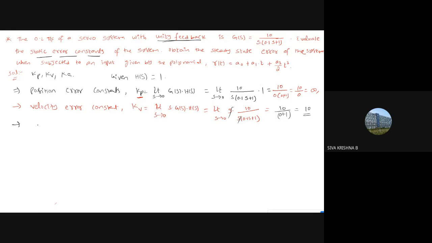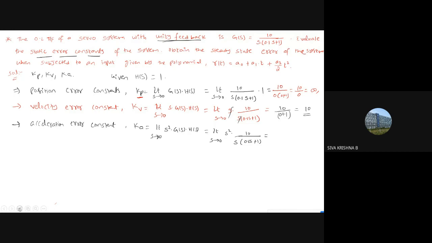The third one is acceleration error constant, that means Ka, which equals limit s tends to 0, s square into G of s into H of s. So that is limit s tends to 0, s square into 10 by s into (0.1 s plus 1).